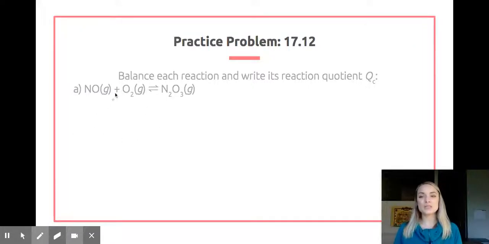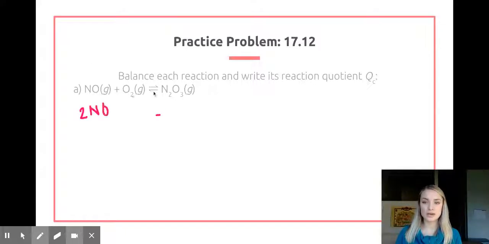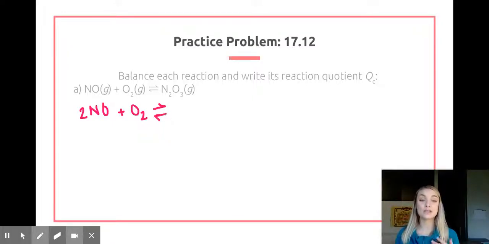All right, so we've got 3 oxygen, but I've got 1 nitrogen and 2 nitrogen here. I'm going to start there. I'm going to place a 2 as a coefficient there. And I am, for the sake of tidiness, not including the states, but you should be including the states when you're writing these equations because, especially as you'll see tomorrow, the state of your reactants and products is important.